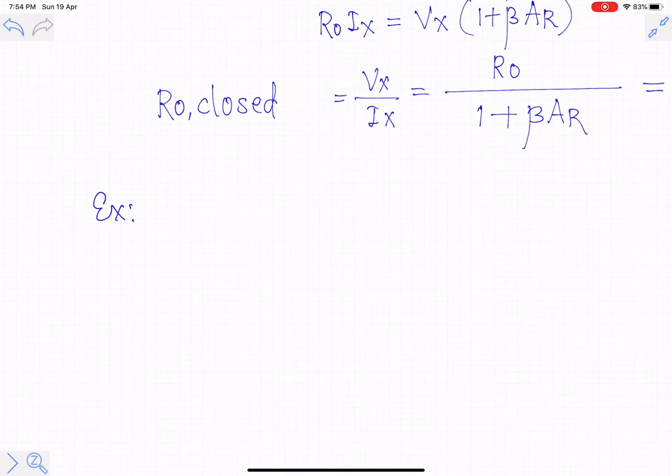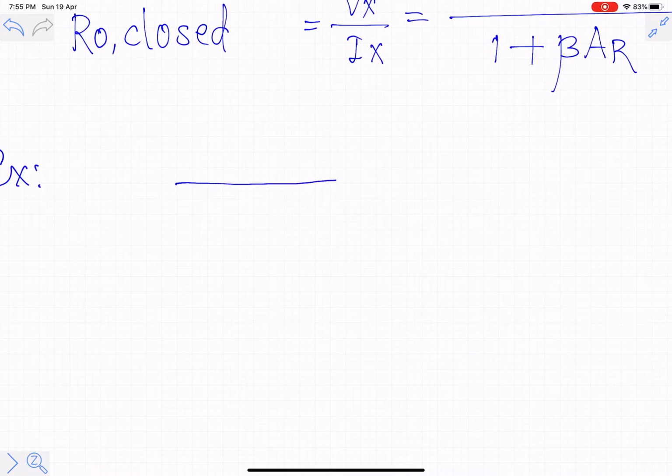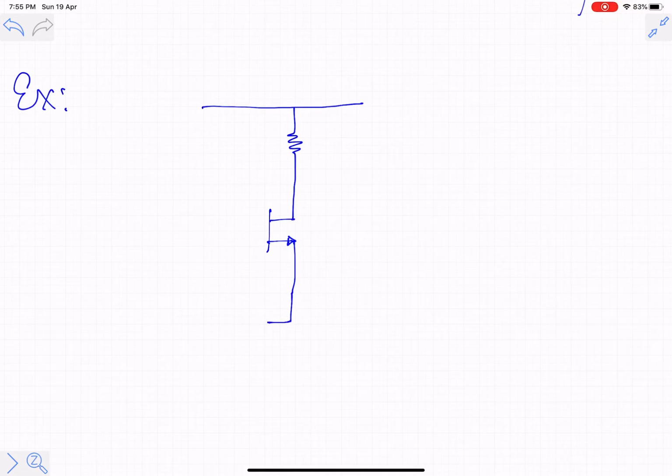Now we will first draw the circuit and then see the analysis of it. We have to find out its transimpedance at relatively low frequencies, assuming lambda equal to 0. So channel length modulation has to be neglected. So we have the input, which is a current applied here, equal to I in.